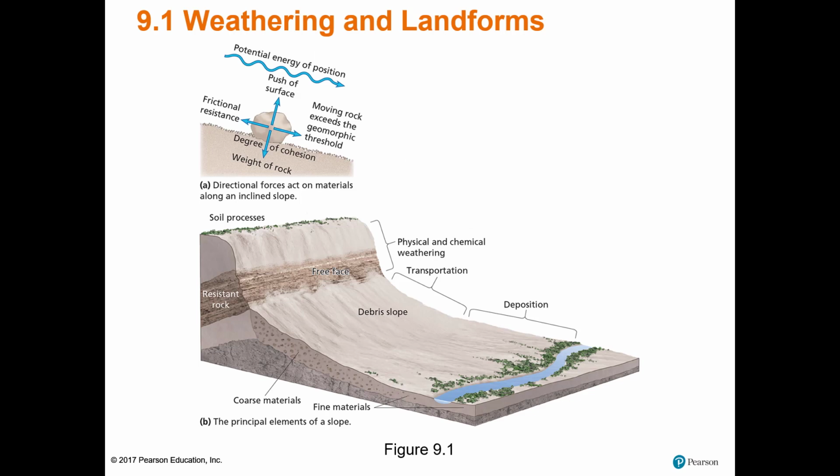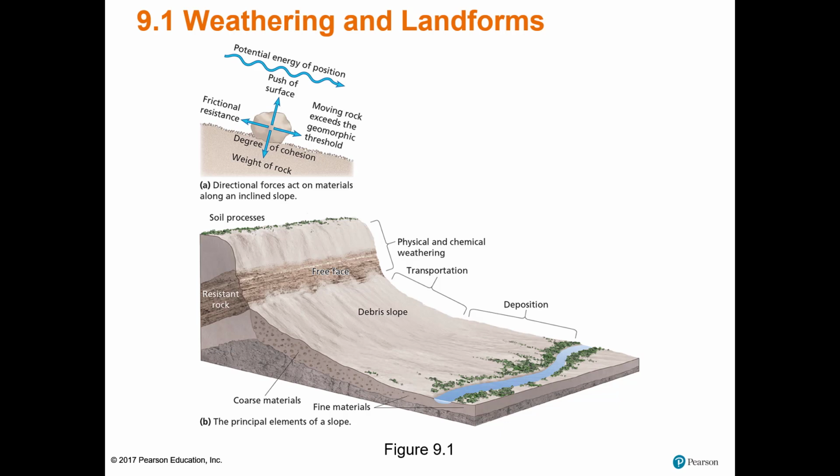Here's a diagram showing you these different forces. So in A, we have the 4 different forces that are acting in opposite directions of each other. Up and down, we have push of the surface up, and we have degree of cohesion down, and that is related to the weight of the rock. And going to the left of the diagram, we have frictional resistance.